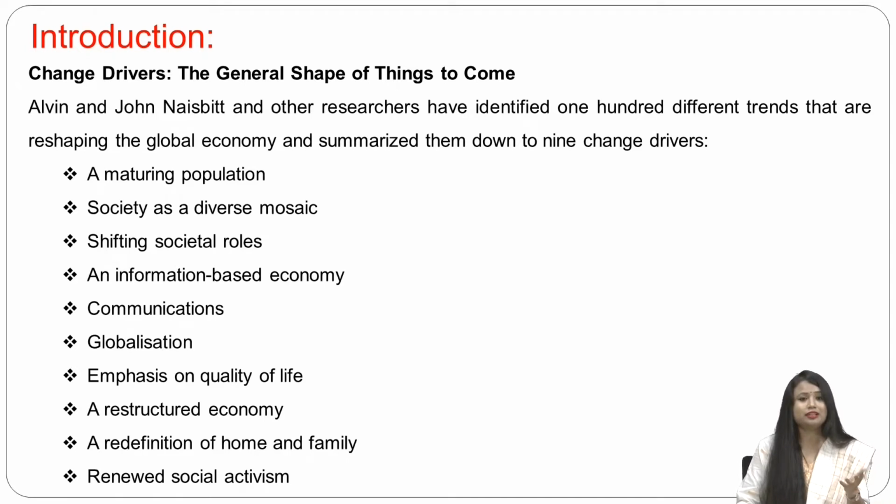Now the next one, that is society as a diverse mosaic. The racial and ethnic diversity will increase, and a multinational and multilingual workforce will emerge. Products and services will be customized to suit individual tastes. Women will enjoy a greater share of executive positions.